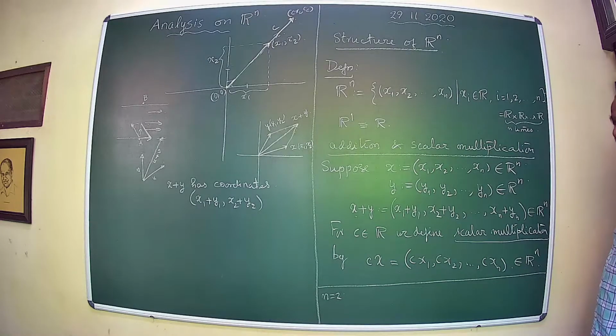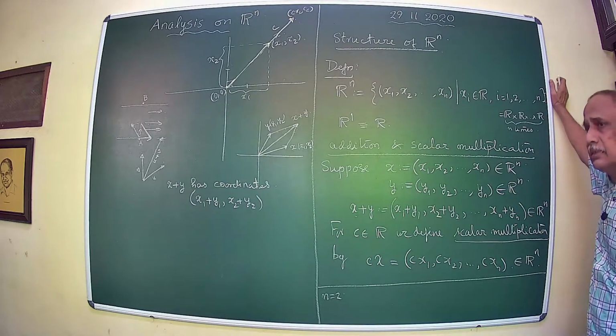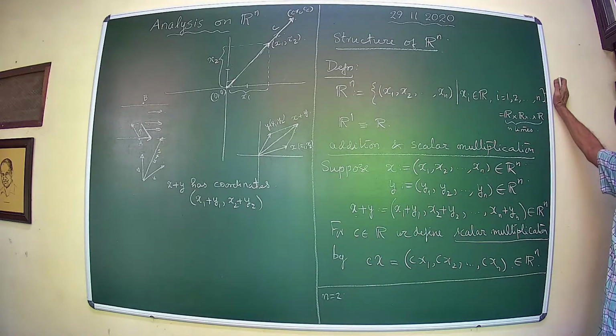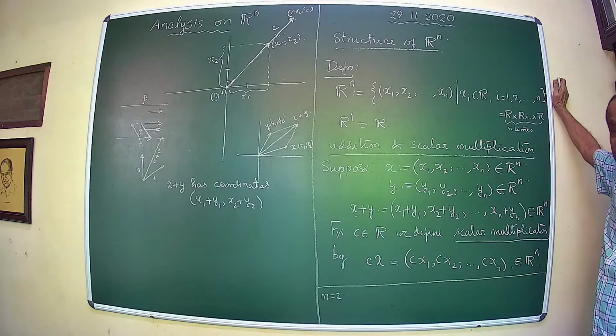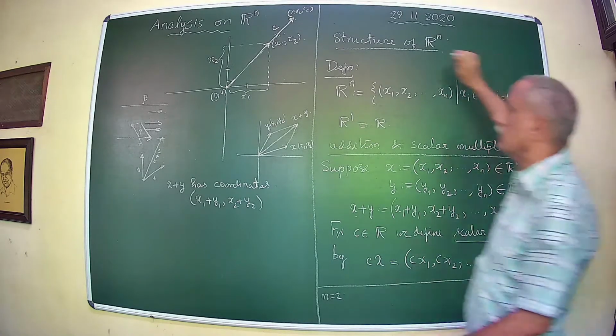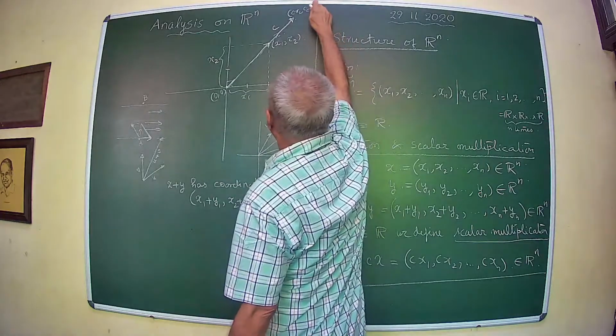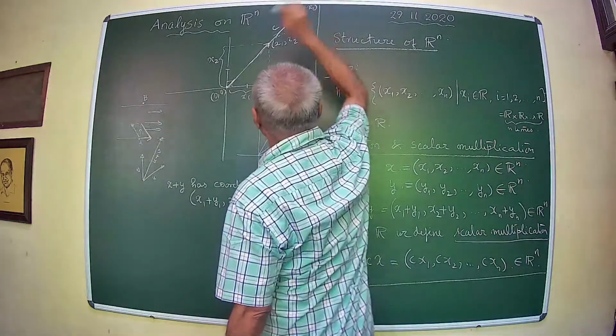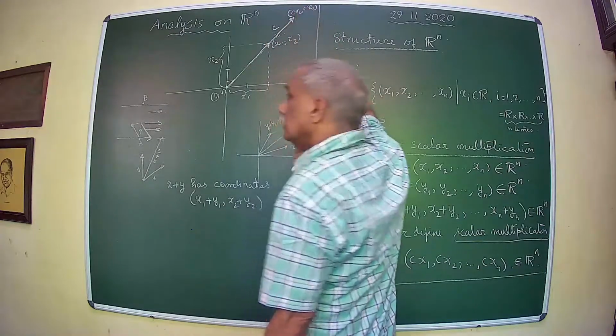That means the direction of the vector is the same, the point where it acts is the same, but the length of the vector is now c times the vector. And then of course you ask what are the coordinates of that scaled version.